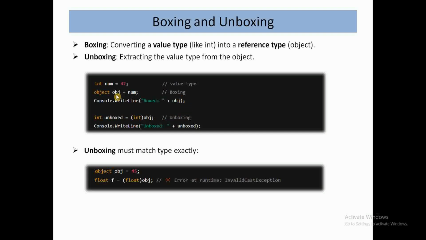So this is boxing if we are putting a value type to a reference type, and unboxing is putting data back from a reference type to a value type. Unboxing must match the type exactly, as I already told you that if we want to put some data of integer or float, we have to typecast it properly, otherwise it will throw us an error.